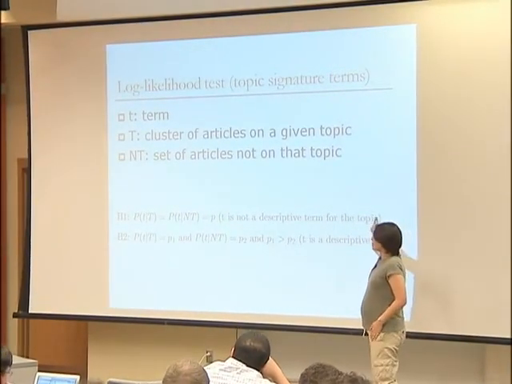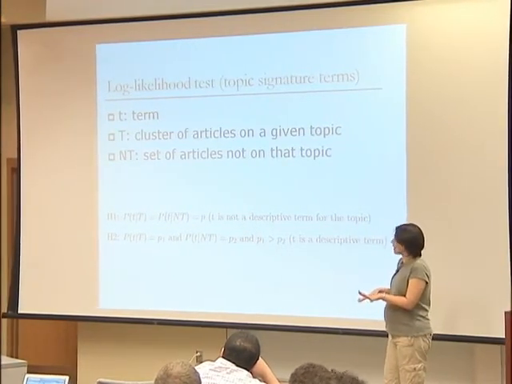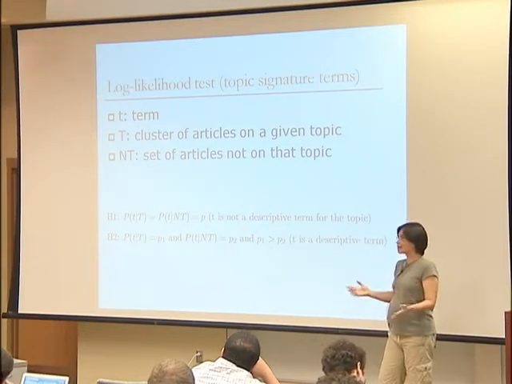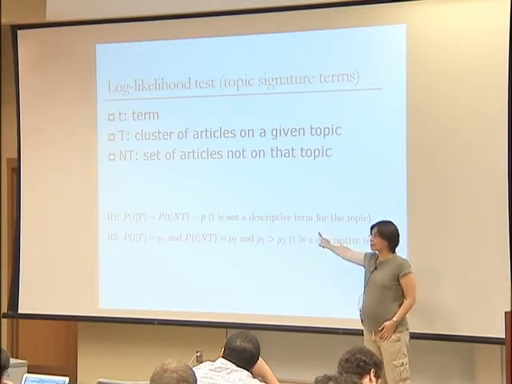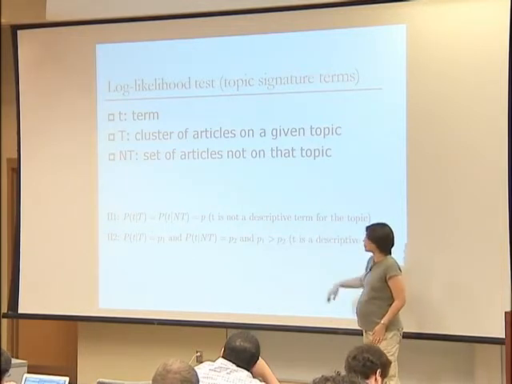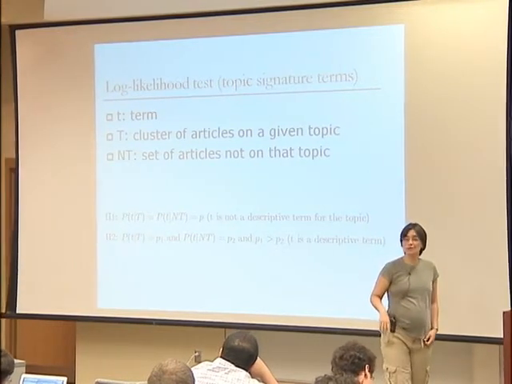Well, in this hypothesis, you merge your articles on the given topic and the background articles. So T and NT just form one collection. Under this hypothesis, you have no reason to believe that you should be separating them. And then you do your count for P. So you find the probabilities. So this is what you compute your binomial distribution over.